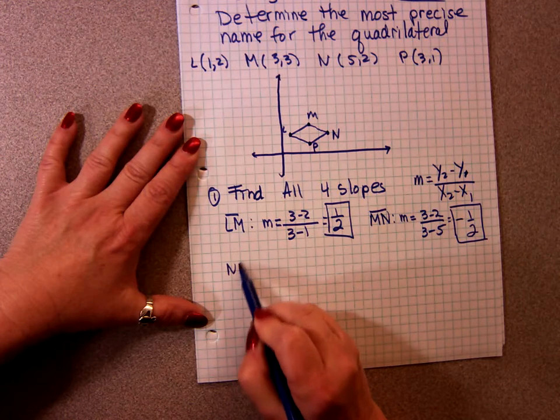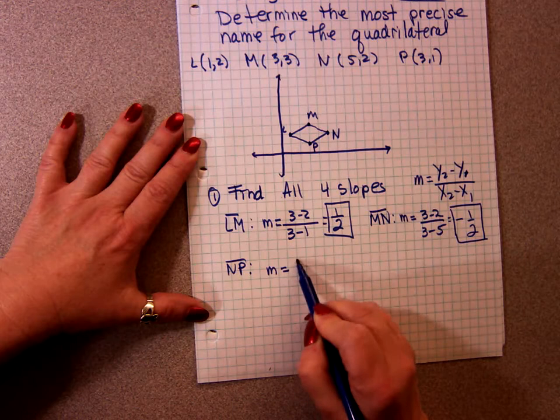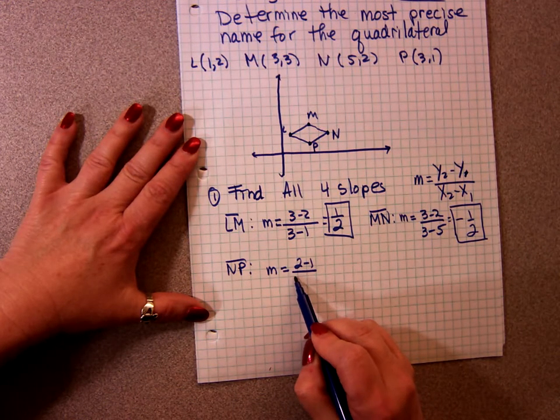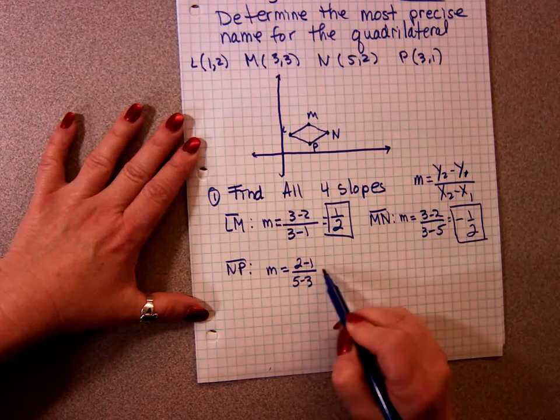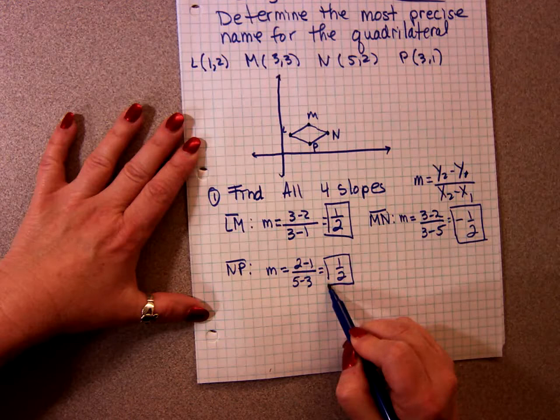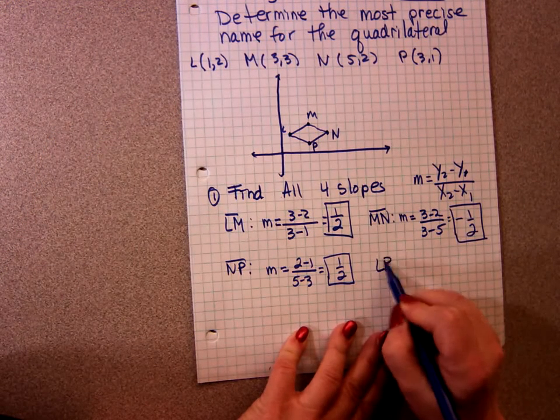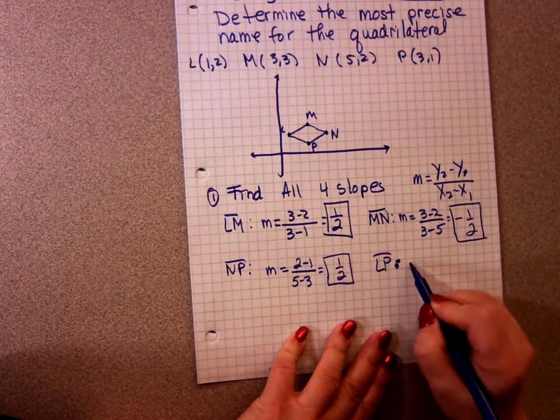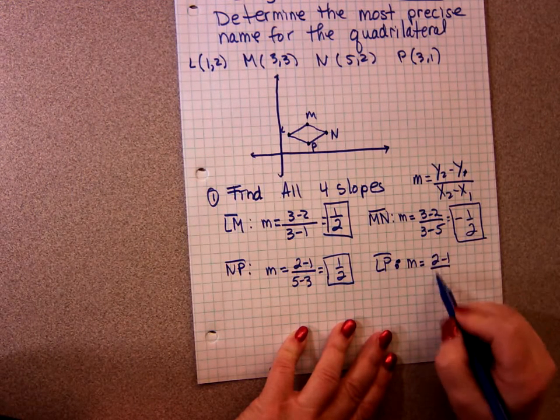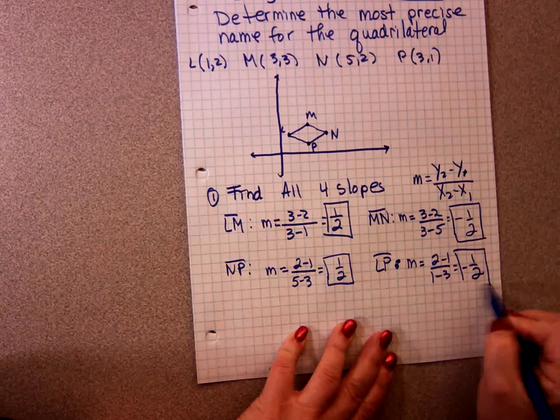The slope of NP: m is equal to 2 minus 1 over 5 minus 3. This also gives us 1/2. And the last one, LP, the slope is 2 minus 1 over 1 minus 3, and it is negative 1/2.